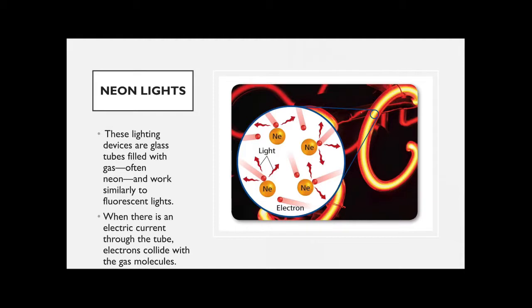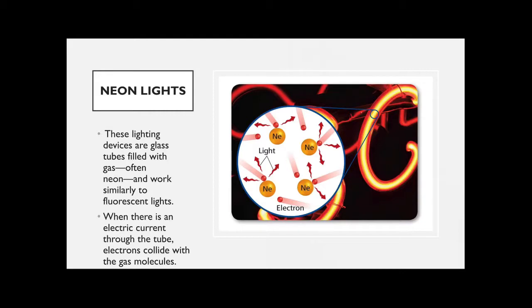Neon lights are pretty much glass tubes that are filled with a gas. Can you guess what gas it is? If you guessed neon, you're absolutely right. They're similar to fluorescent lights. An electric current flows through the tube filled with neon gas. The electrons produced from the electric current collide with the neon gas molecules.